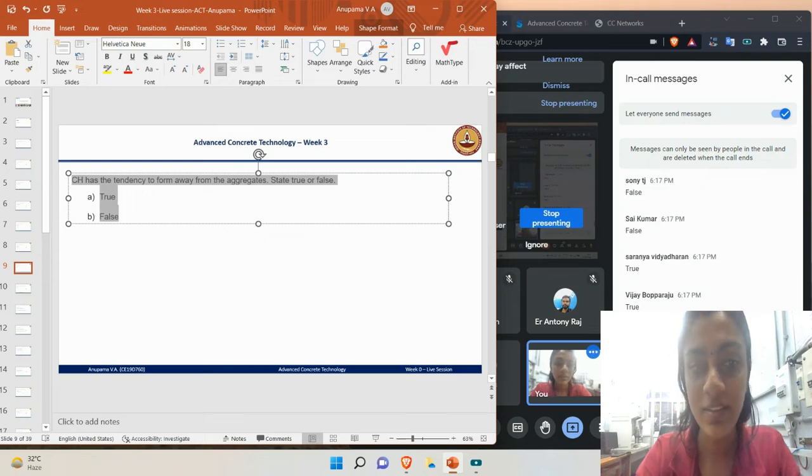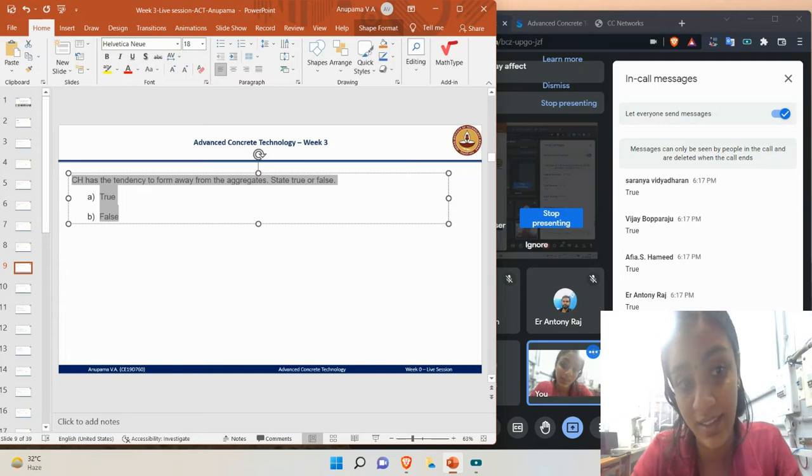Basically, Portlandite will form near the aggregates because it needs space for its formation. The paste which is very near to the aggregate is much more porous, so that paste will be much more porous. In that scenario, more of the Portlandite will form close to the aggregate and not far from it.